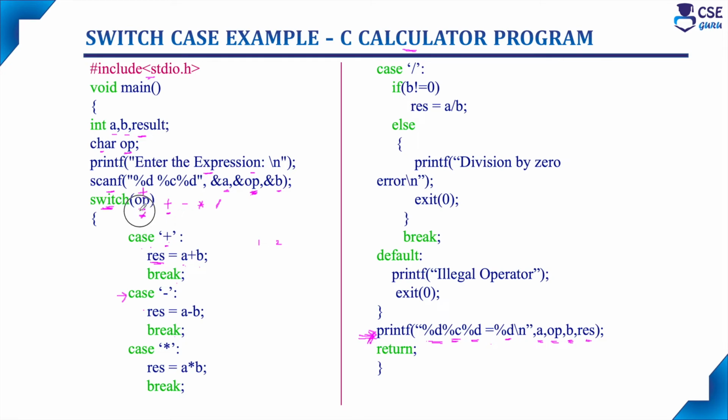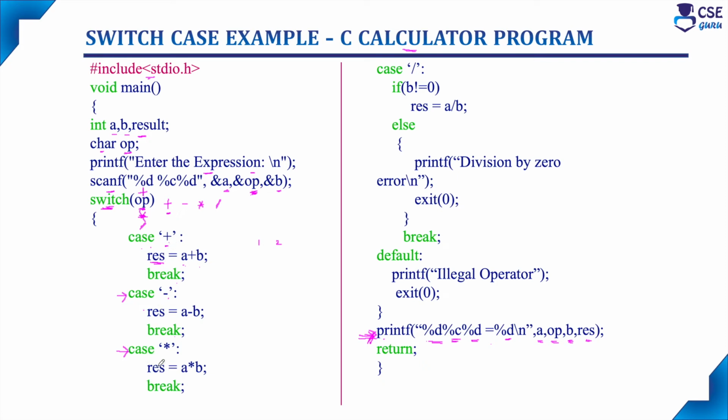Suppose the operator entered is multiplication. Directly control will go to the case multiplication statement. And here it will execute the statement, result is equal to a into b, and immediately it will break. Then control will transfer to this printf statement. And if it is a division operator, it won't consider these three case statements.